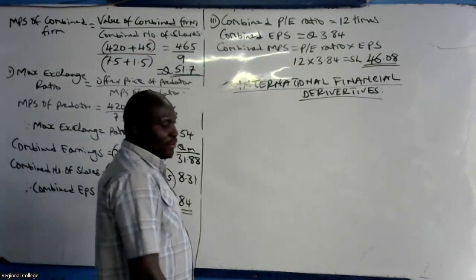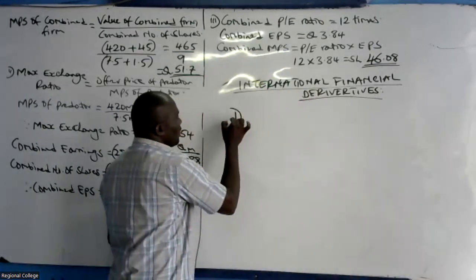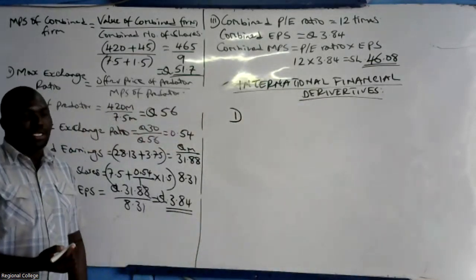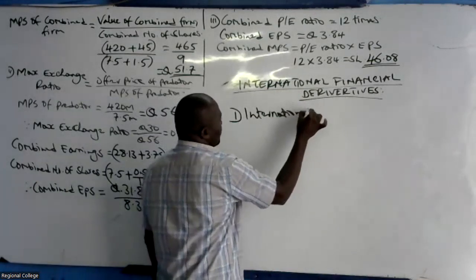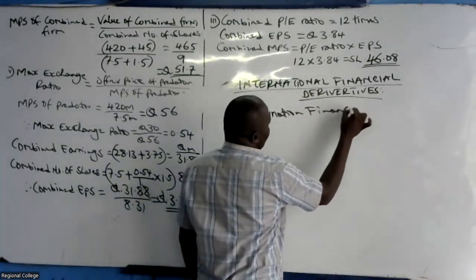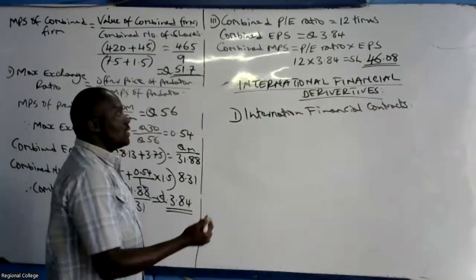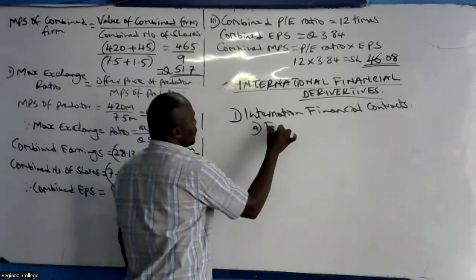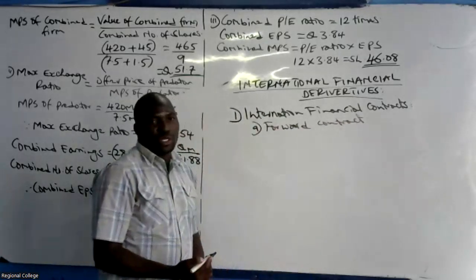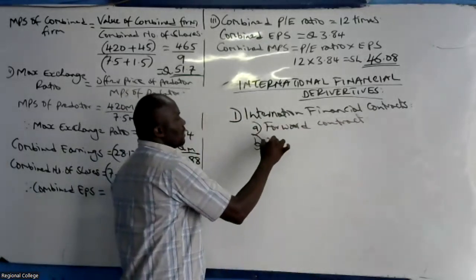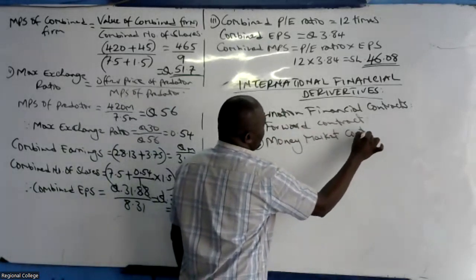I always divide this topic into three. The first part that you must know is the international financial contracts. Number A, forward contracts: how to deal with the forward contracts, and how to deal with the money market contracts.